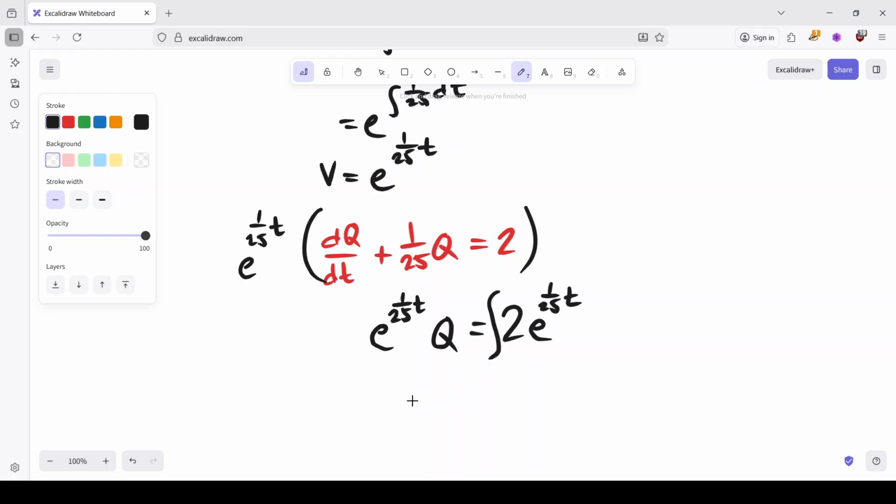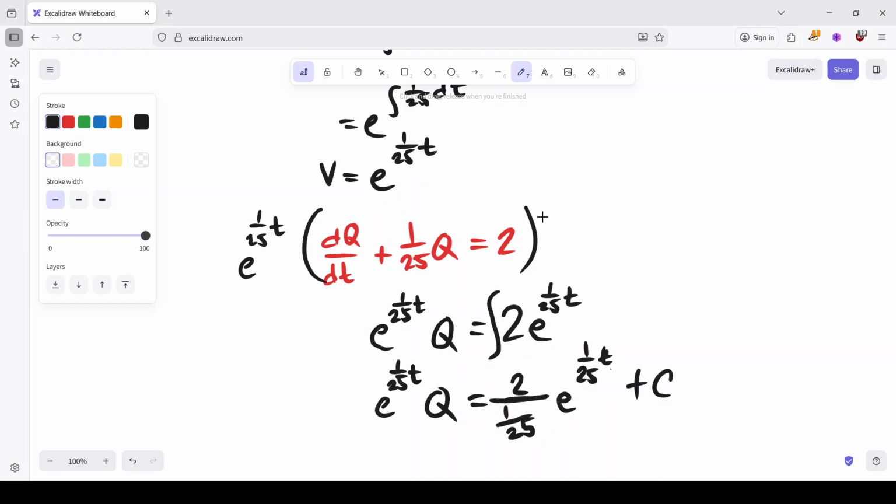Then e raised to 1 over 25t Q is equal to the integral of 2 e raised to 1 over 25t, so 2 over 1 over 25, e raised to 1 over 25t, plus c.